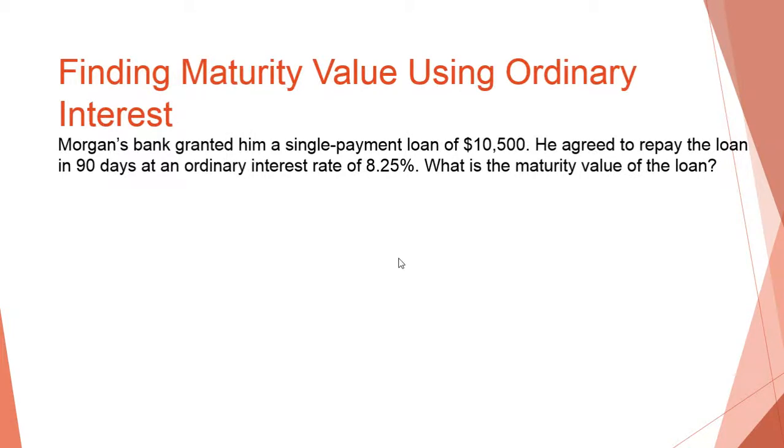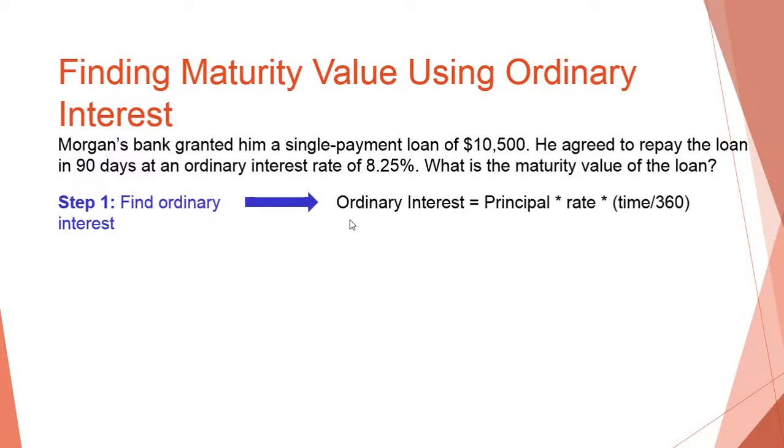Alright, this time we are looking for the maturity value. So the first step is going to be the same thing we did earlier, to find the ordinary interest. So we know that the principal is $10,500 this time. It's for 90 days, and the interest rate is 8.25%.